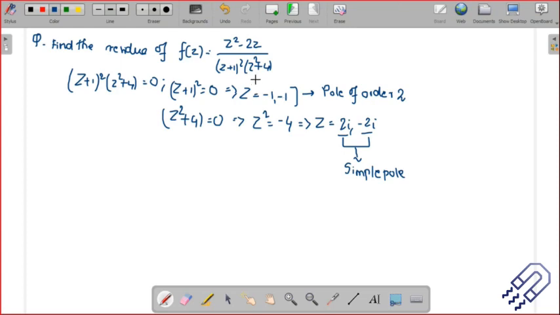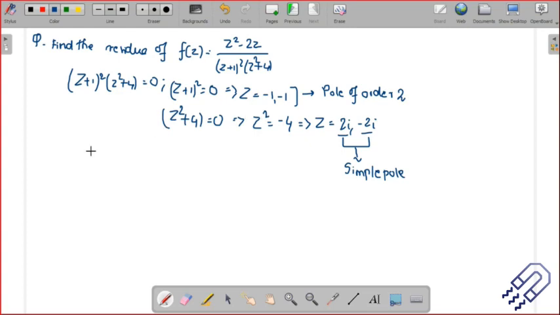But then don't get confused here. This is z square plus 4. So z square plus 4 means you can just do it to 2i and minus 2i. So these are simple poles. Okay, 2i and minus 2i are simple poles, because 2i and minus 2i are not the same. Okay, so using this you can actually solve it. So please try solving this and tell me what the residues are. So how many residues are you going to get?